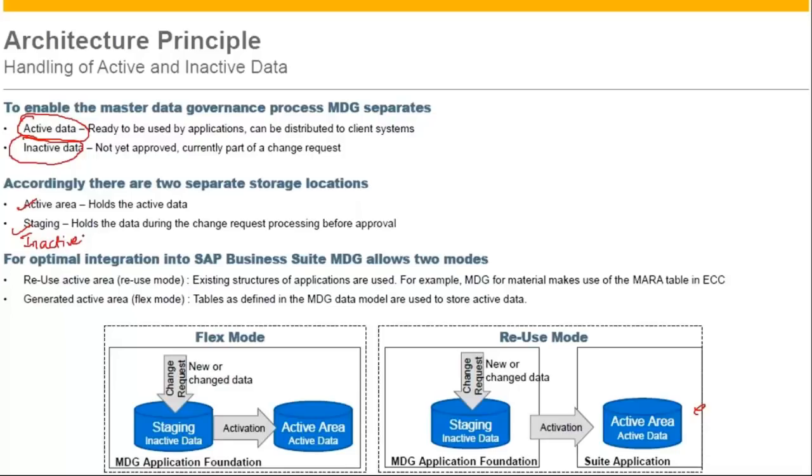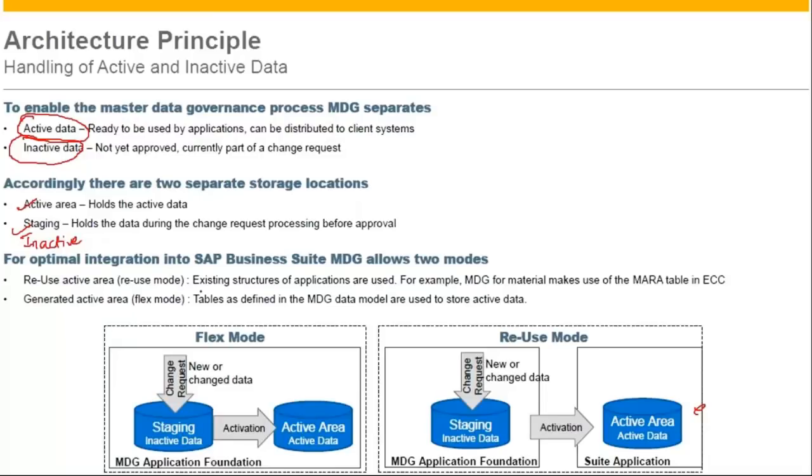For optimal integration into SAP Business Suite, MDG allows two modes: reuse active area mode and generated active area, or flex mode. What is the reuse active area? Existing structures of the applications are used.